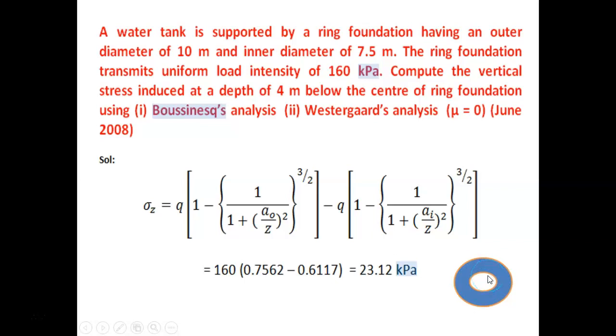So the radius of inner circle is 7.5 by 2, that is 3.75 meter, divided by Z which is 4 meter, and Q is 160. Taking these values in this equation, we will be getting the increase in stress as 23.12 kilonewton per meter square.